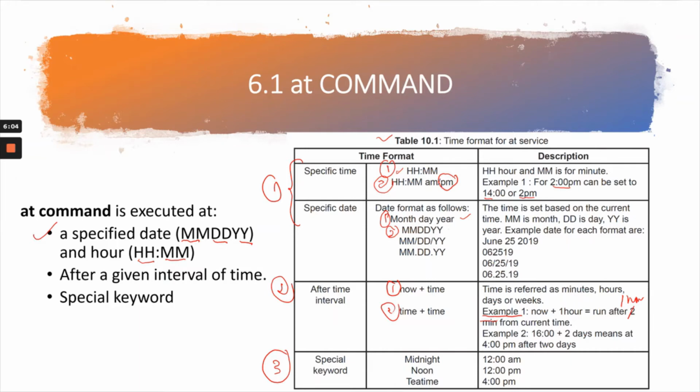Midnight means that the task will be executed at 12 a.m., noon is 12 p.m., and teatime is at 4 p.m. After this, I will show how the at command can be executed in Linux using examples.